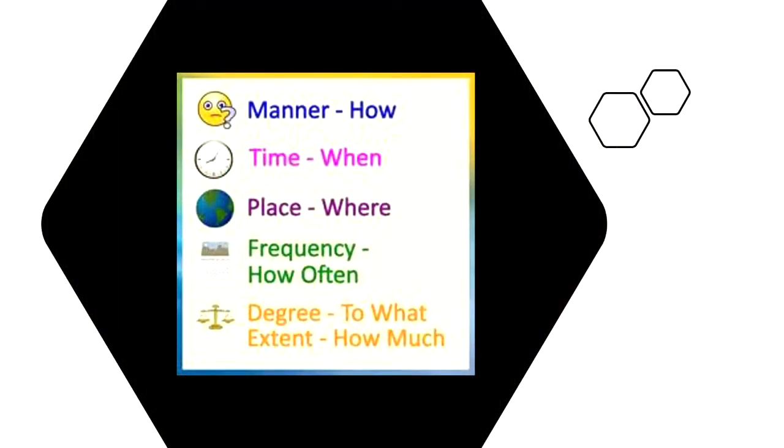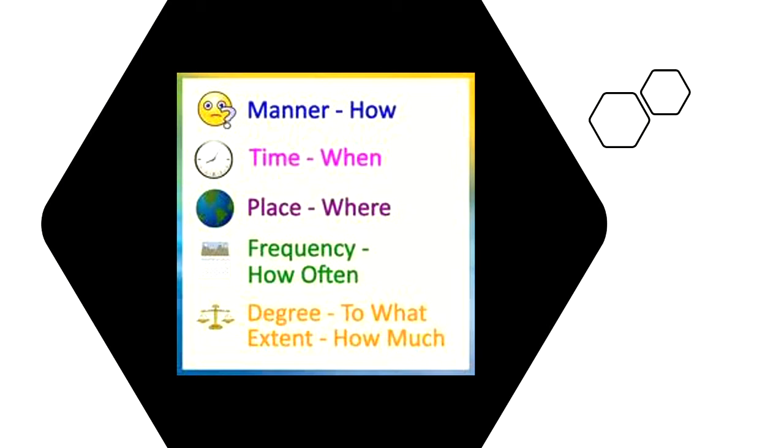Now we have 5 kinds of adverbs. Manner, which tells us how an action is going on. Time, that means when an action is taking place. Place, which means where an action is happening. Frequency, which tells you about how often something happens.